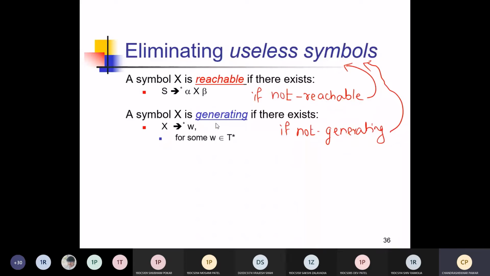Understood, students? Please concentrate on what a reachable symbol is and what a generating symbol is. Based on that, we have to understand what we mean by reachable, how it is reachable, and what is the importance of this reachability in the generation of a string. All these things we have to understand. Clear?